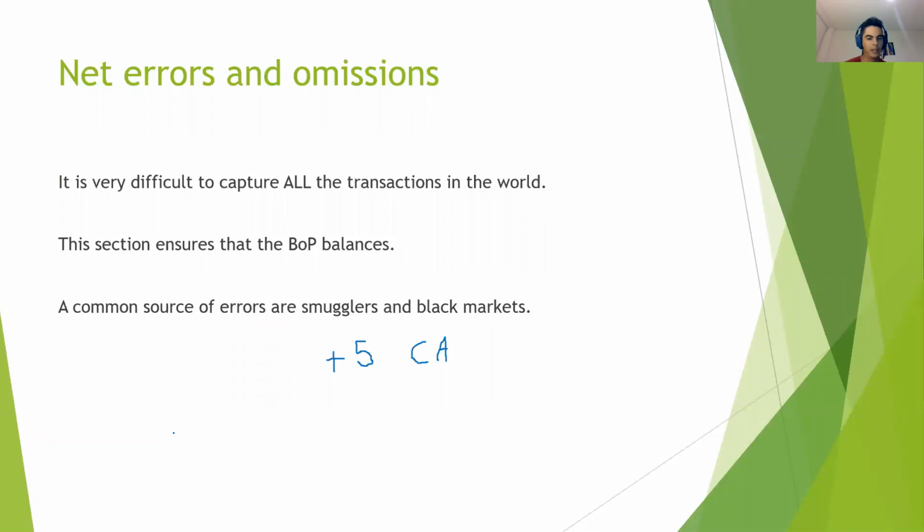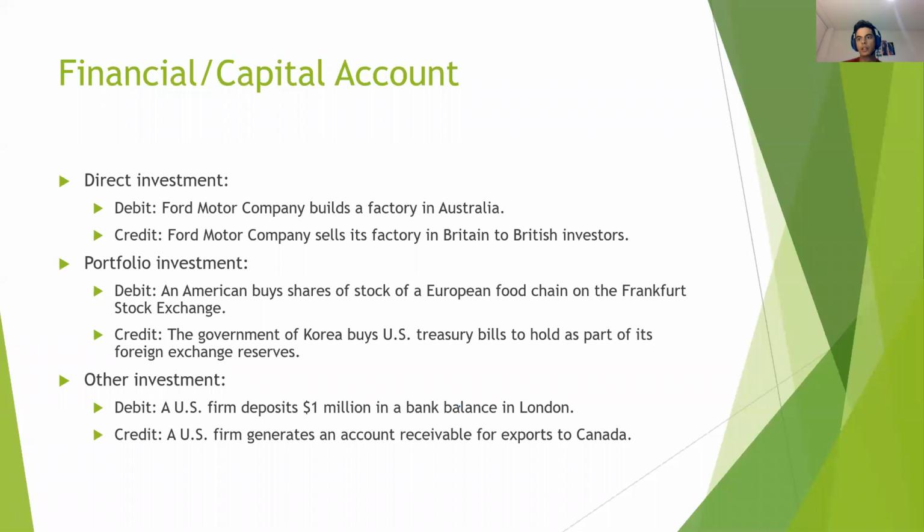And then in the financial account, maybe we have a deficit of -1. This will be the financial account. That means that in terms of financial investment, Mexican investors sent more money abroad than the money that Mexico received.